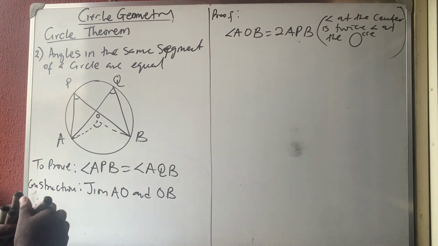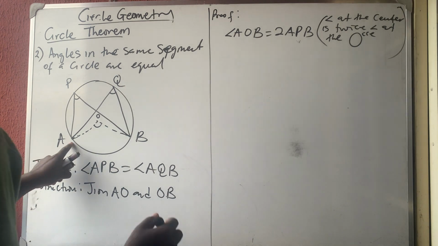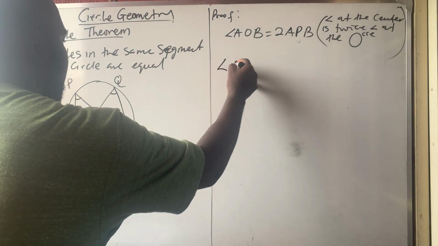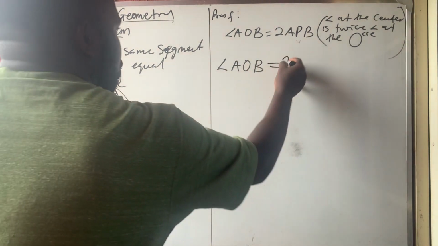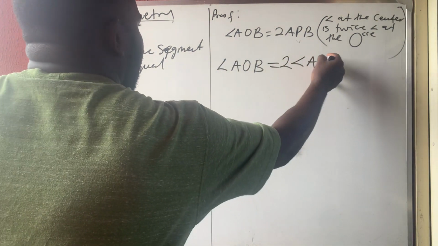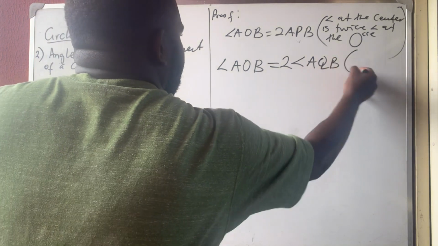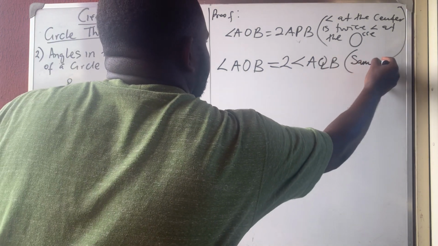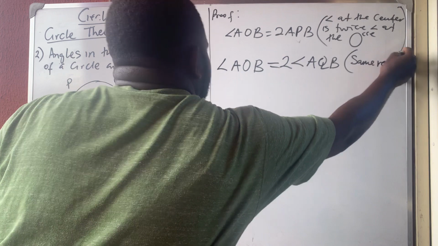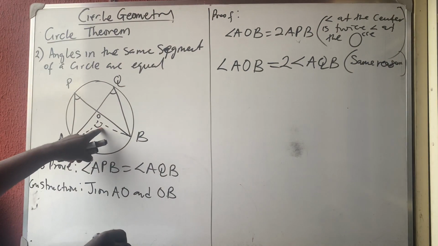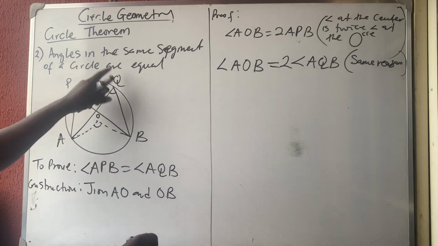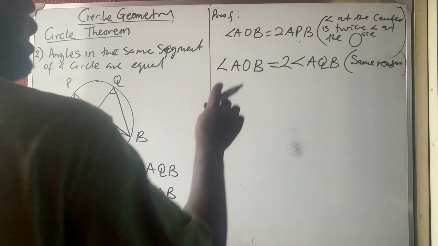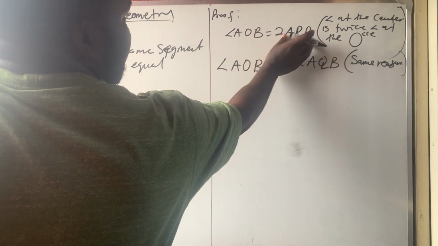We agree with that. Okay, now do you agree again that angle AOB, the same angle AOB, is the same as saying 2 angle AQB? The same reason. Yes, angle at the center is twice angle at the circumference. This one is at the circumference, this one is at the center, and they are facing the same side. Now, anywhere I see this, can I replace it with this?